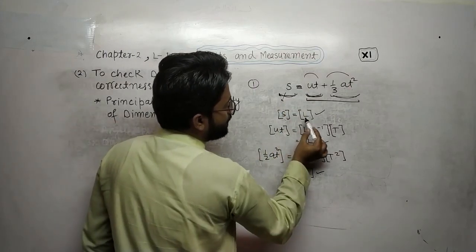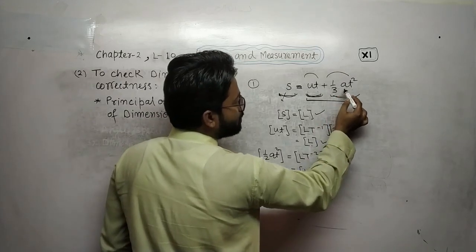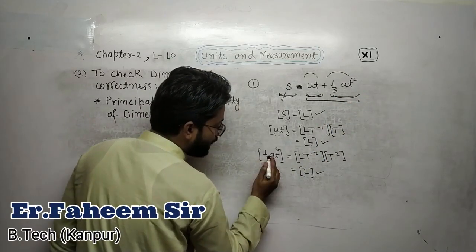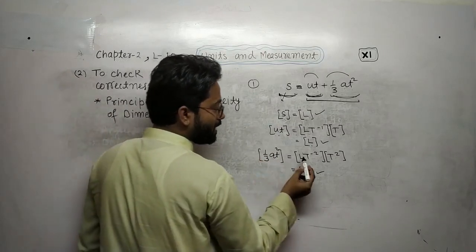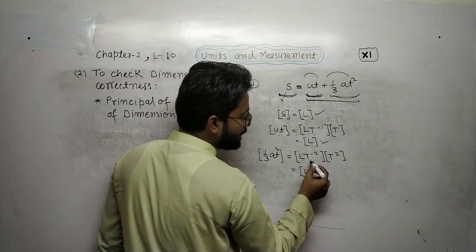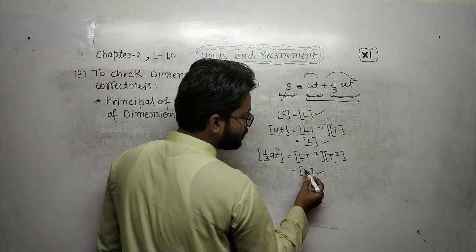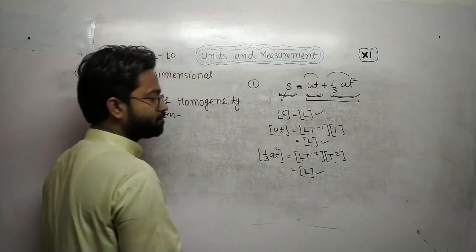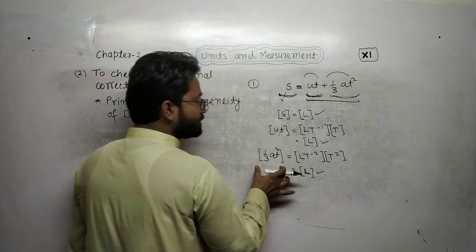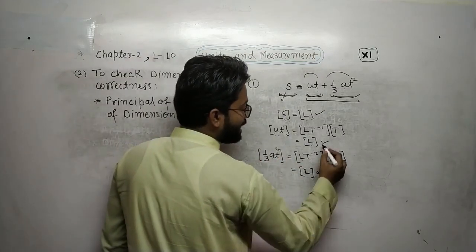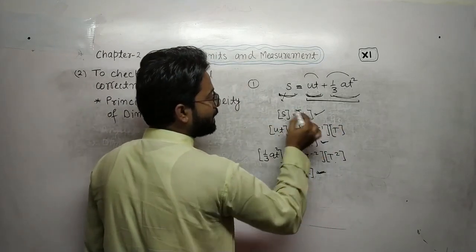The dimension of S is L, the dimension of ut is L, and for 1 by 3 at square, 1 by 3 has no dimension, A has LT to the power minus 2 and t square has T square. On combining you will have only L. Every part of the equation has L, L, L dimension.